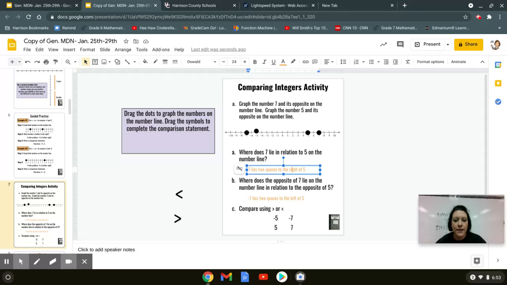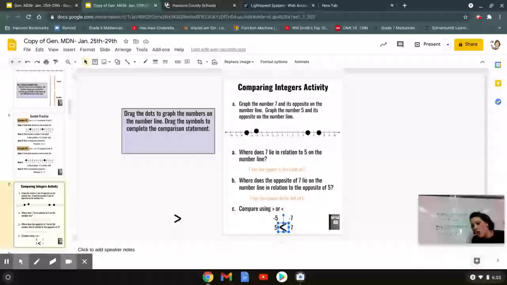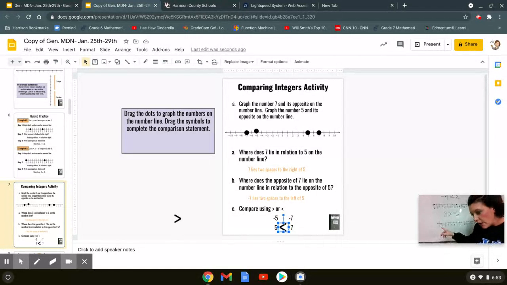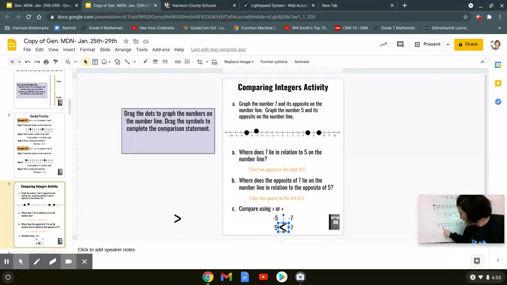The opposite becomes true. 5 is less than 7 because 7's further to the right. But when you're talking about down here, -5 and -7, the opposite of 5 and the opposite of 7, the opposite becomes true. -5 is now greater than -7.